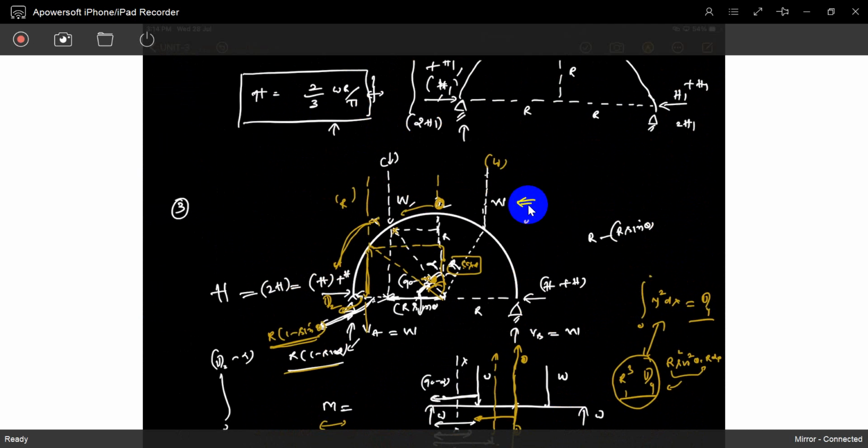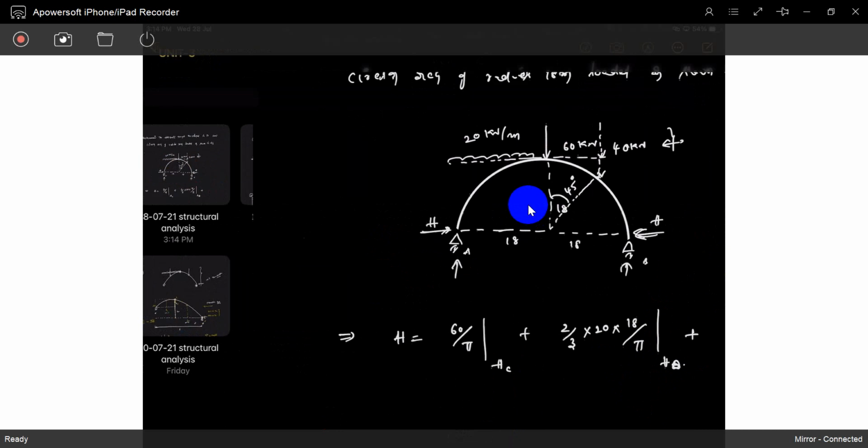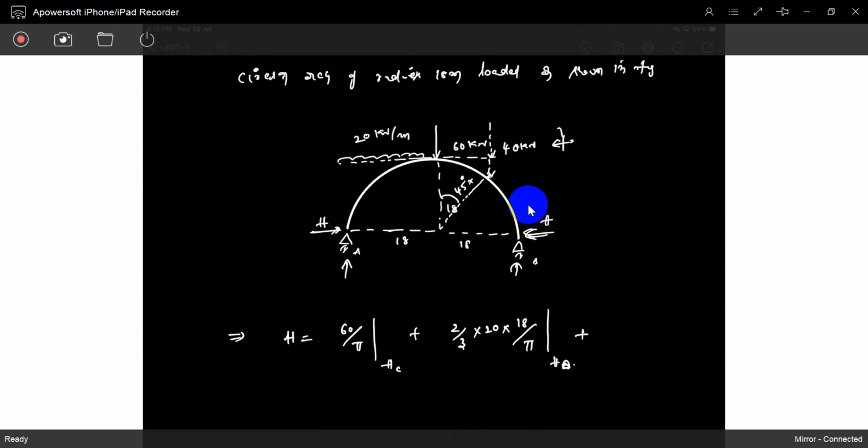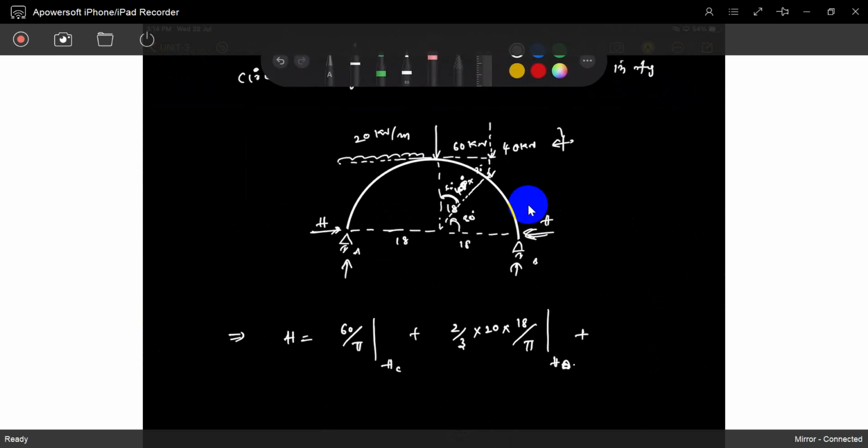If someone gives this is 30, this value is 60. You can directly write same formula. So no need to do two different formulas, but if someone asks in objective questions, you have to remember. That's it.